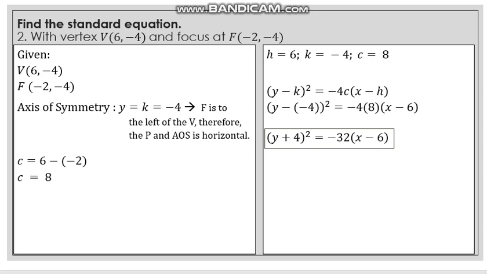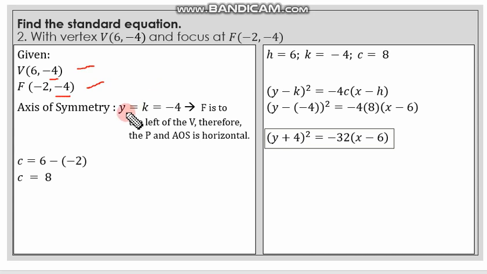So for number 2, find the standard equation again with vertex at V (6, negative 4) and focus at F (negative 2, negative 4). So given (6, negative 4) and the focus (negative 2, negative 4), what they have in common is negative 4. The axis of symmetry always passes through the coordinate where they are the same.